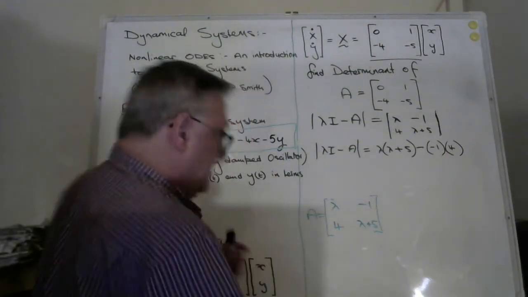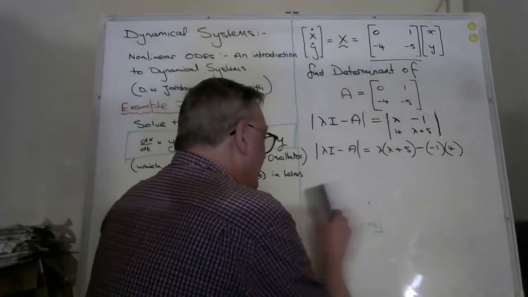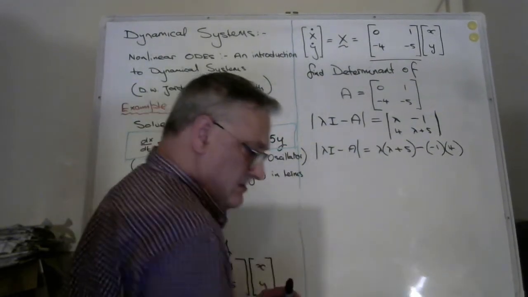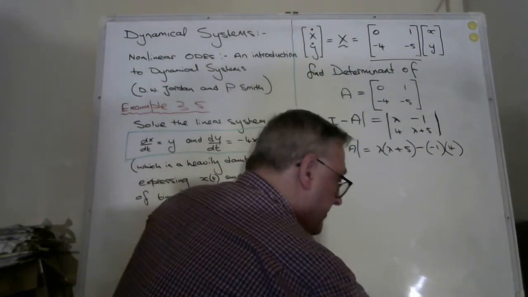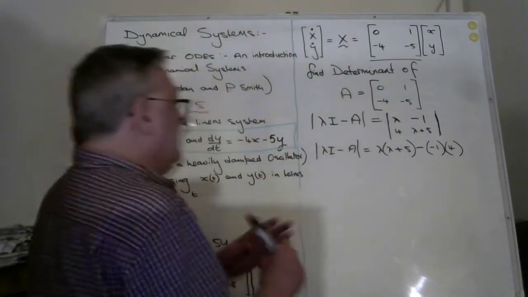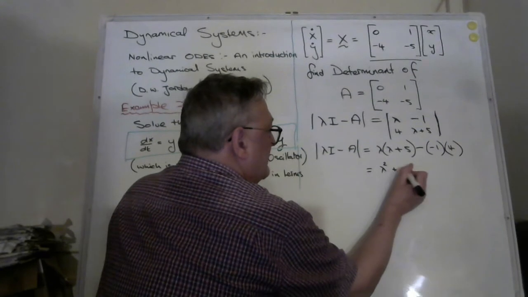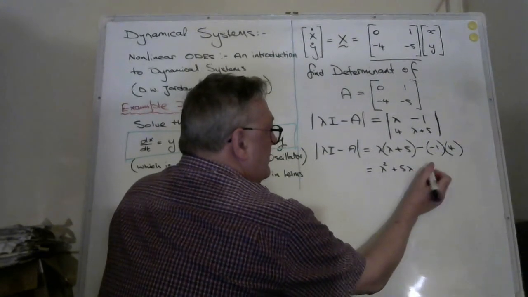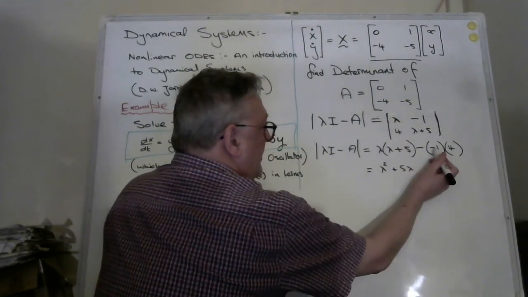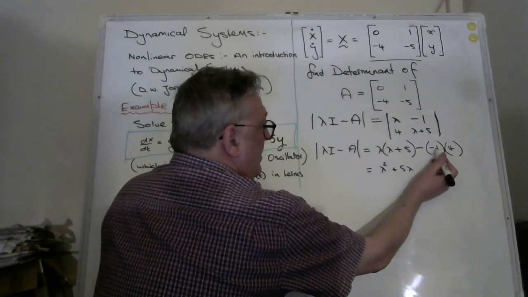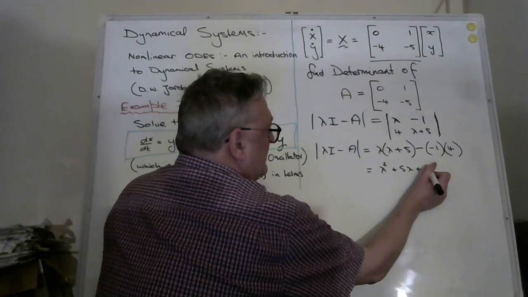So let me just erase this. This simplifies to give lambda squared plus 5 lambda. Minus times a minus is a plus, so it's plus 1 times 4, which is just 4.